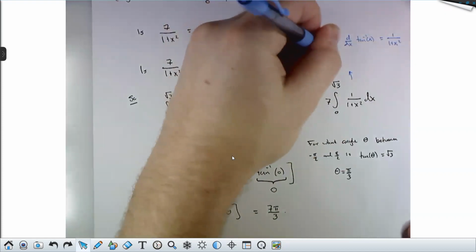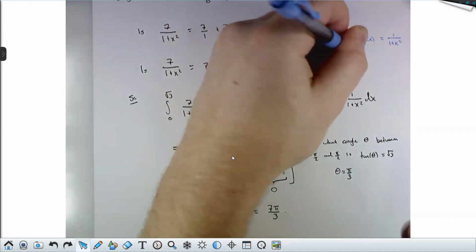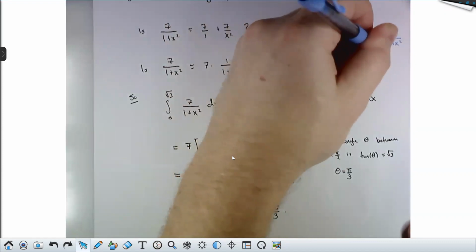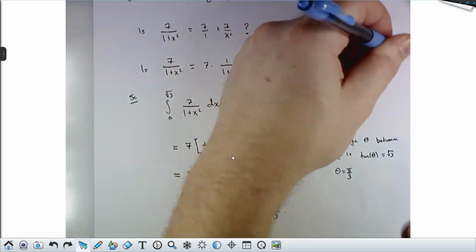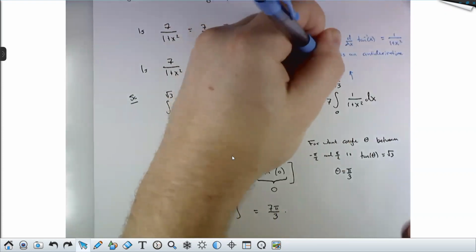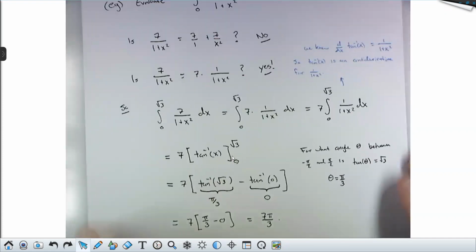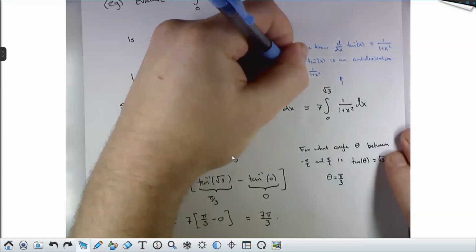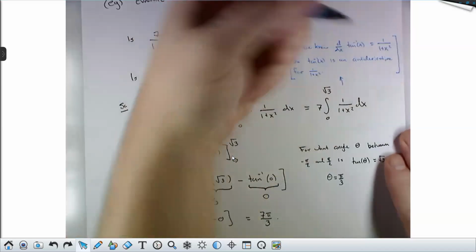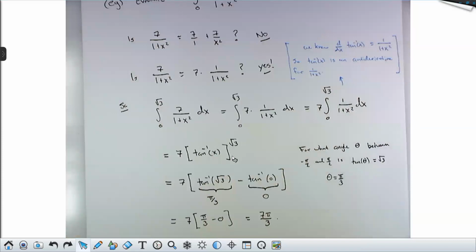So tan inverse x is an antiderivative for 1 over 1 plus x squared. This is from that table of known antiderivatives. Remember, I gave you guys a kind of two column table the other day. Yeah, this is one of those. There is actually a more general form of this that I'll show you later today, I think.